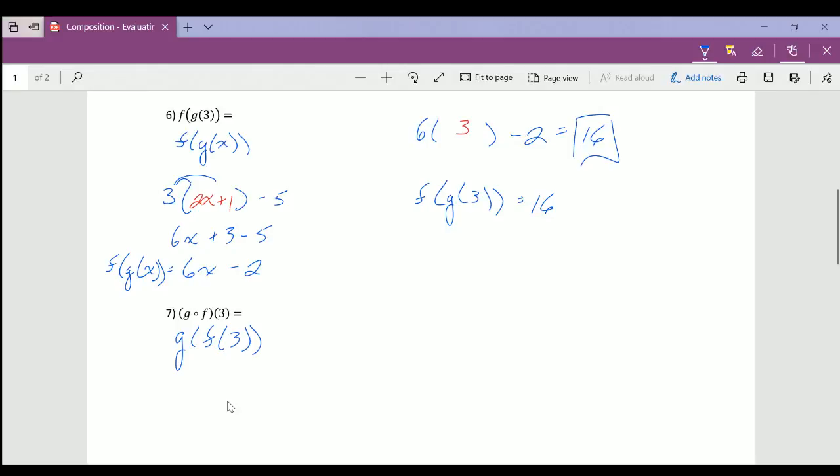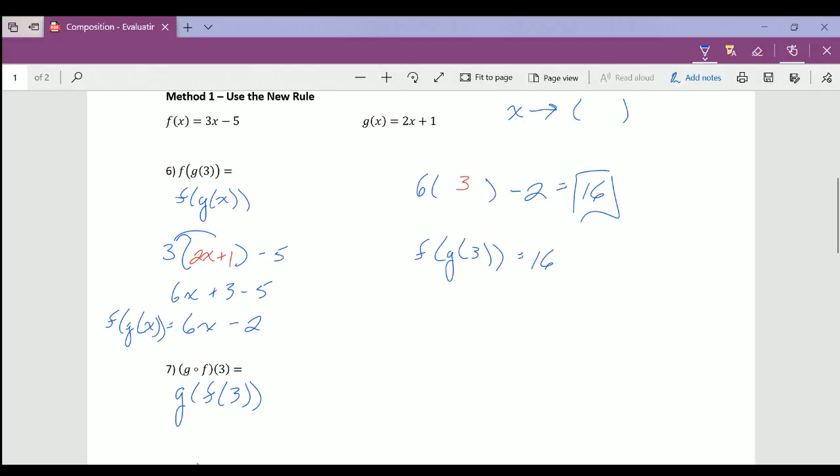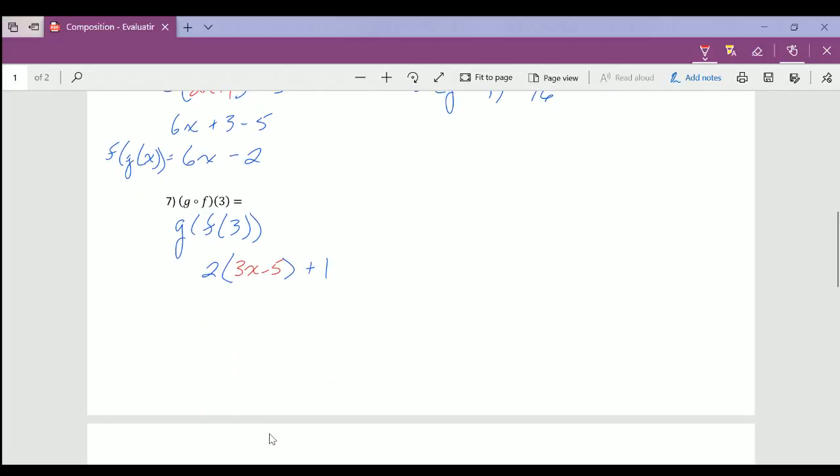We'll start by writing g this time, and that's going to be 2x, replacing it with parentheses, plus 1. And then inside those parentheses, we'll put 3x minus 5. Okay. Distribute. This time we have 6x.